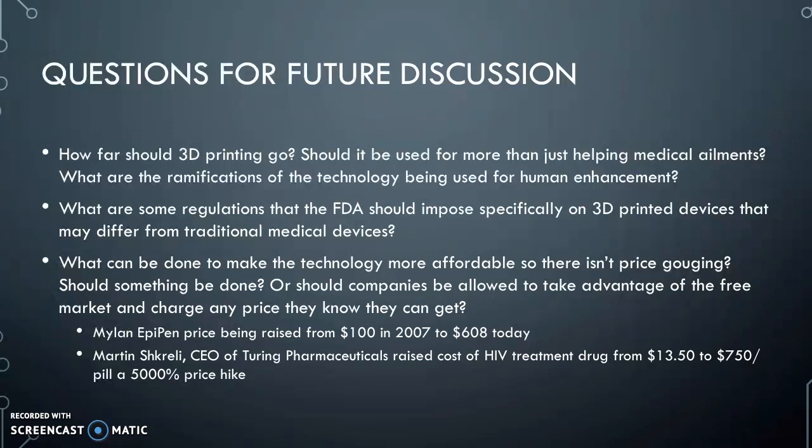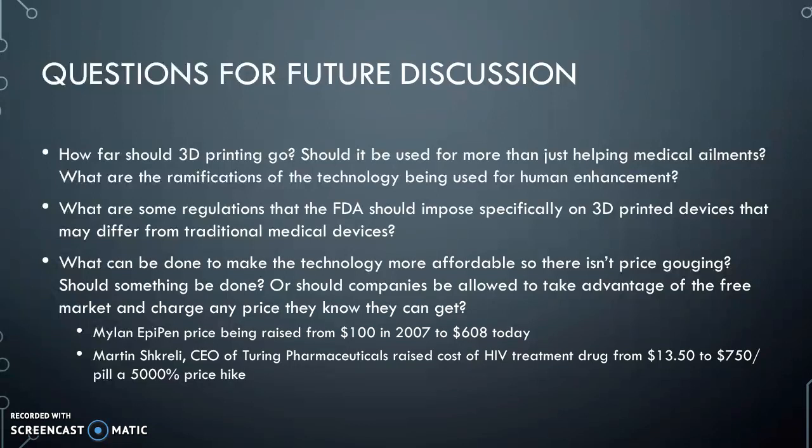That was something that was in the news recently. Another comes from the example of the CEO of Turing Pharmaceuticals, Martin Shkreli, who was in the news recently for maliciously raising the cost of an HIV treatment drug from $13.50 to $750 a pill, a price hike of more than 5,000%.